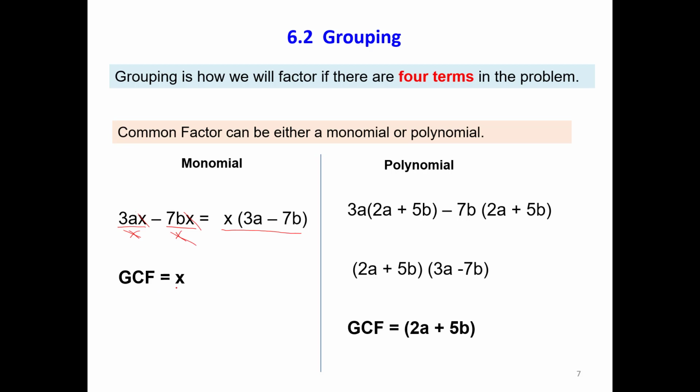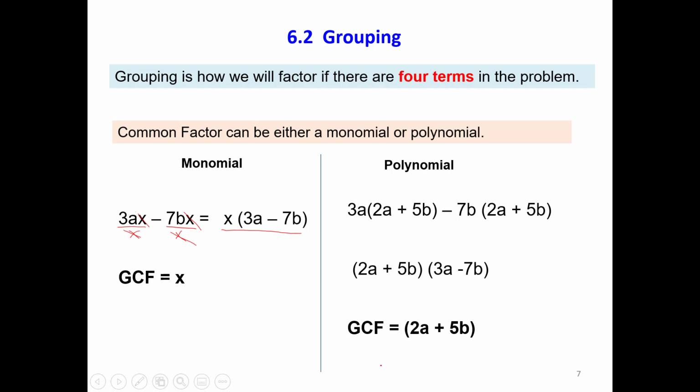But in the next example, we can see the greatest common factor can be a polynomial. We have 3a times 2a plus 5b. This is one term. In the second term, we have 7b times 2a plus 5b.